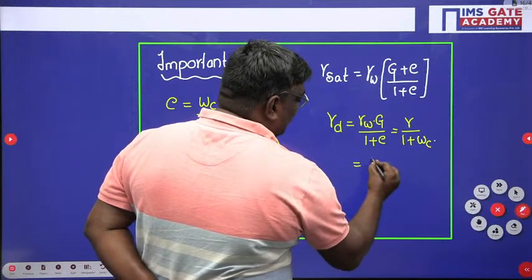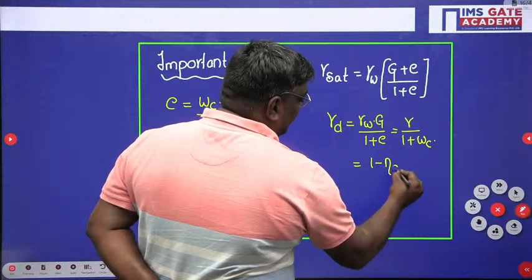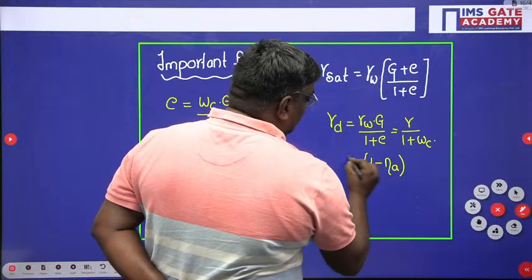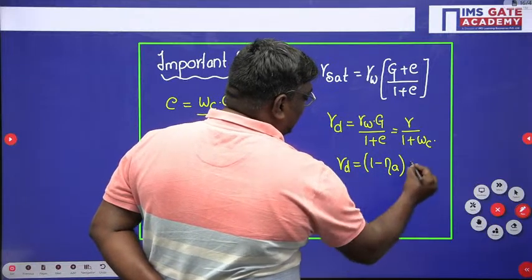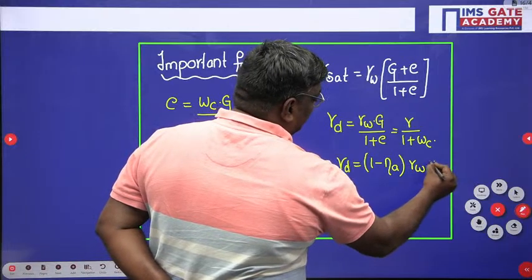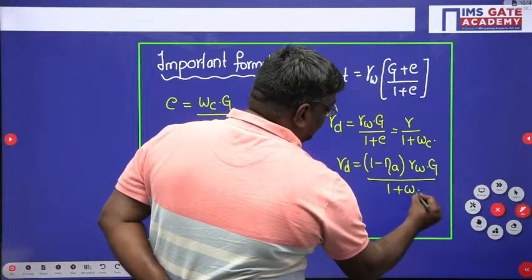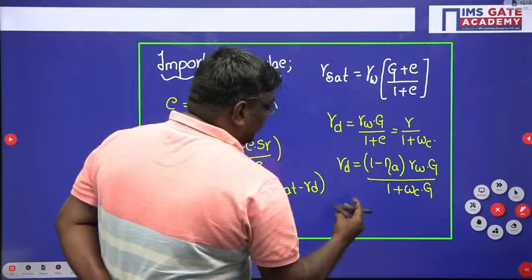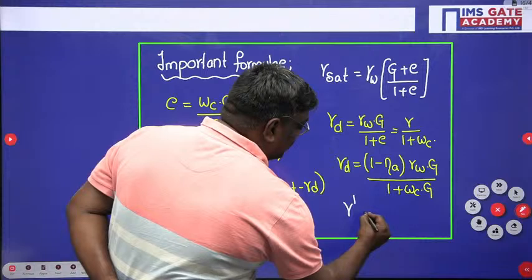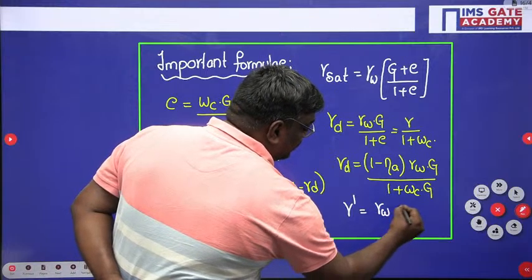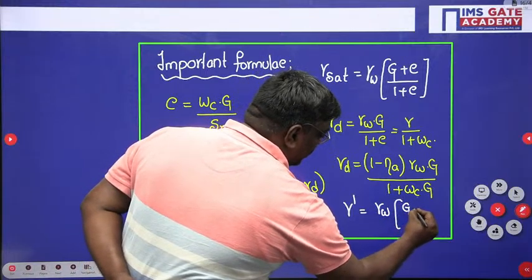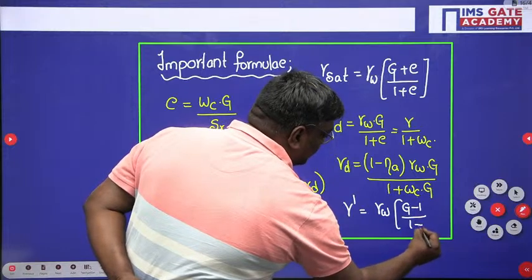Or you can write gamma_d is equal to (1 - n_a) into gamma_w G by (1 + water content into G). And you can write here gamma dash is equal to gamma_w into (G - 1) upon (1 + e).